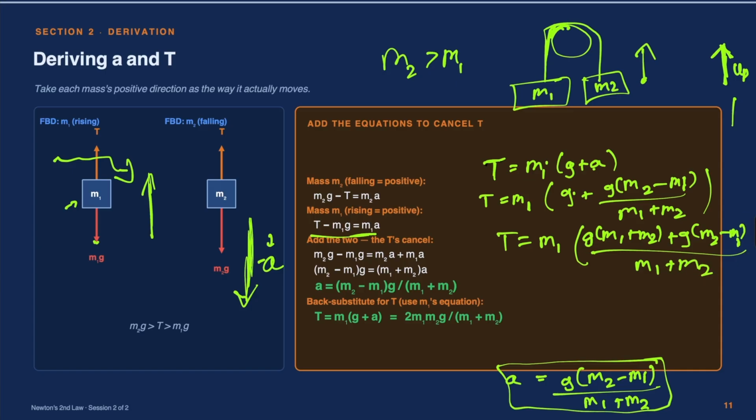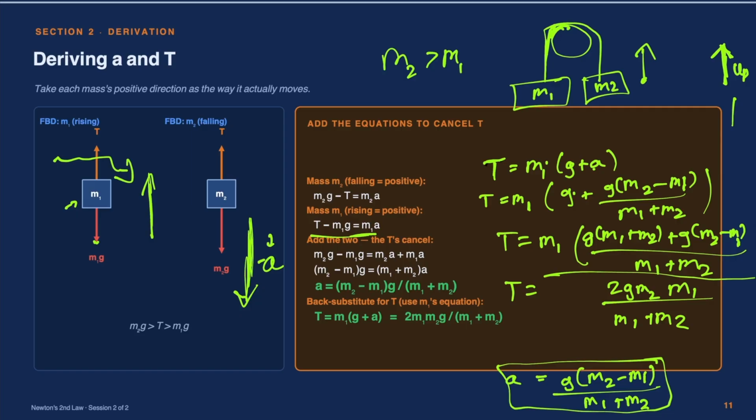And then tension is equal to m1 times... So gm2 and gm2 add together to become 2gm2. But over here, the gm1 and negative gm1 cancel out, over m1 plus m2. So tension is just equal to m1 times that. So pretty straightforward, right?